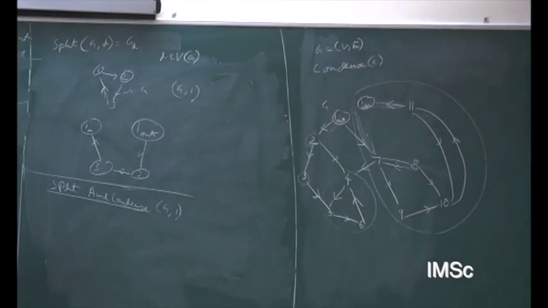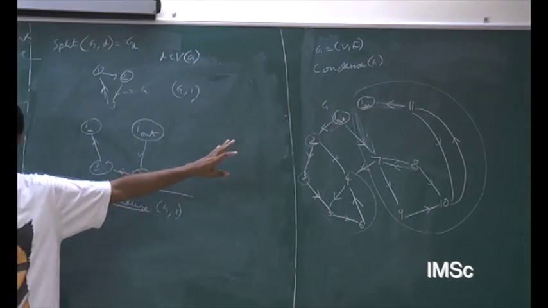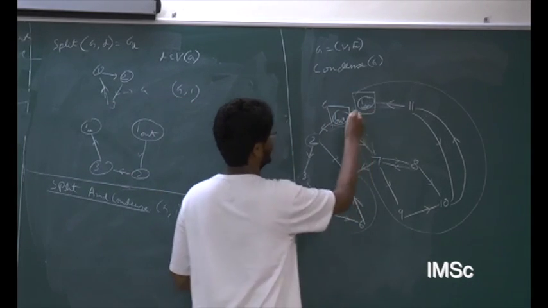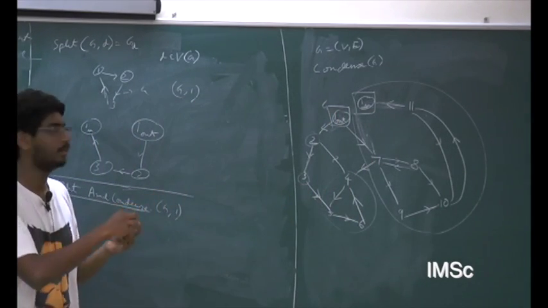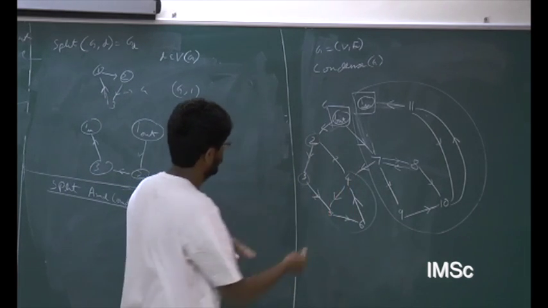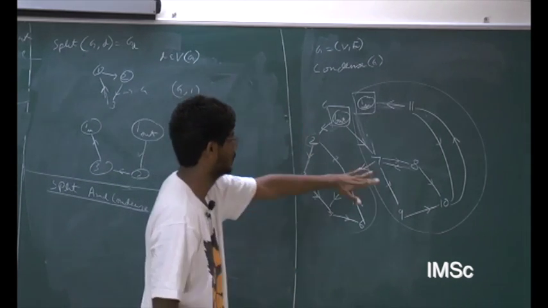So now the SECs change in G. The main point to see is that 1 out and 1 in are SECs on their own. And now what are the other SECs? This remains the same, 4, 5, 6, 2 and 3, this is same, but here it changes.